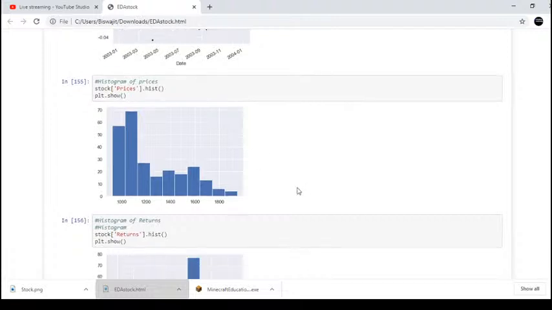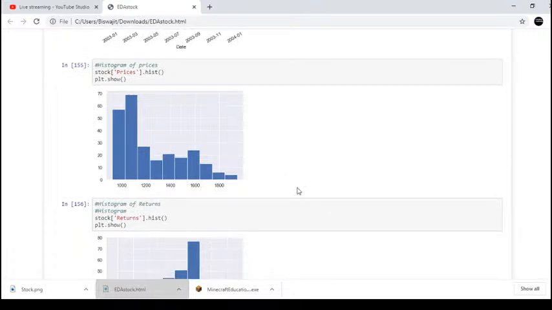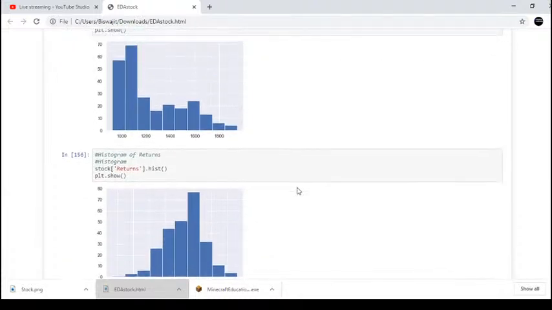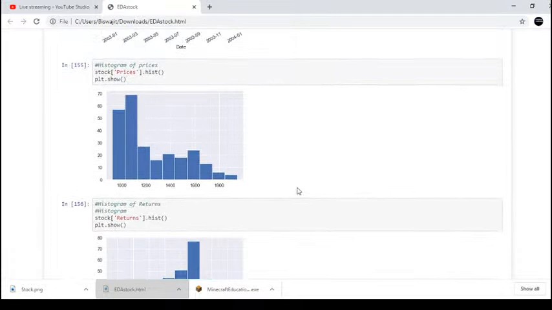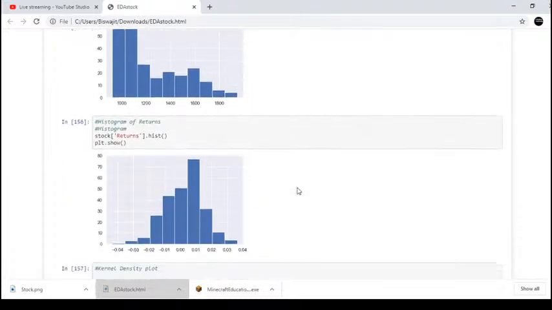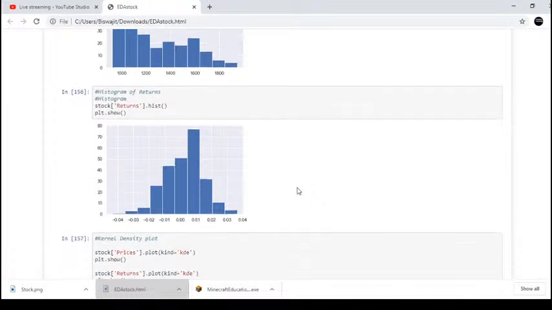That's something not very evident from the visual line plot that we saw, right? By the way, the prices you see here are not following a normal distribution. It's right skewed, whereas returns seem to be similar to a normal distribution, although it's not purely normal, but there's some level of similarity to normal distribution.